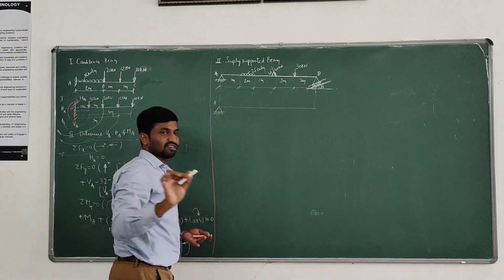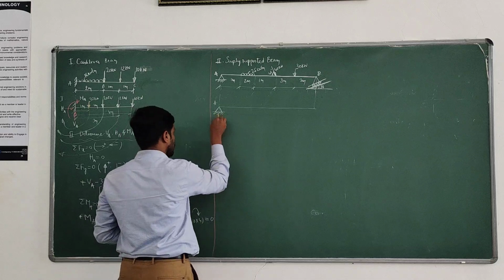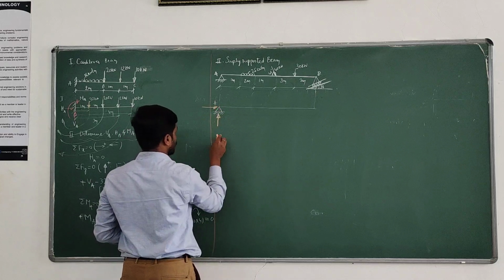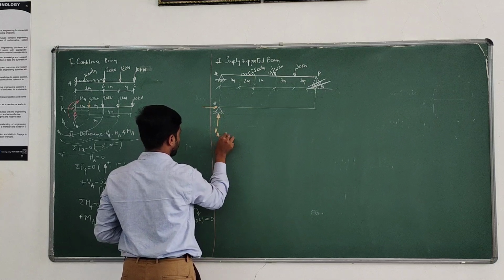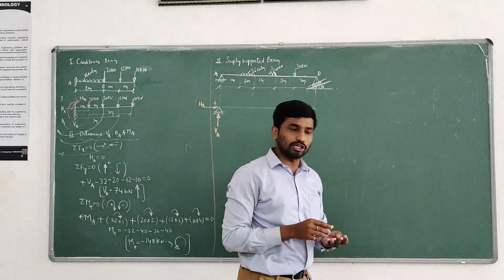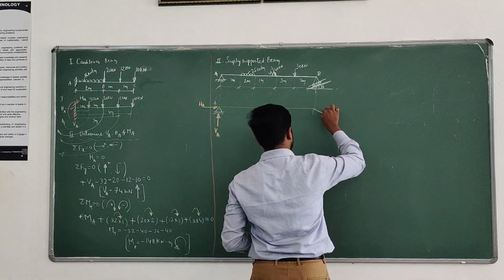First I will indicate the support reactions. Hinge, how many reactions? 2 reactions. Initially I will assume positive. So hinge VA, HA. At B we have an inclined roller.